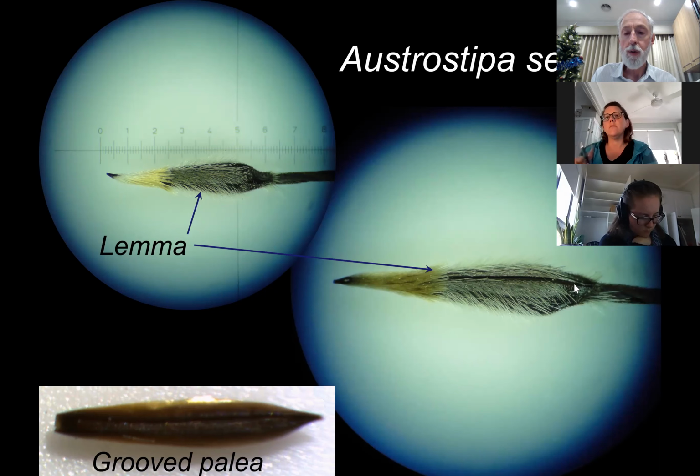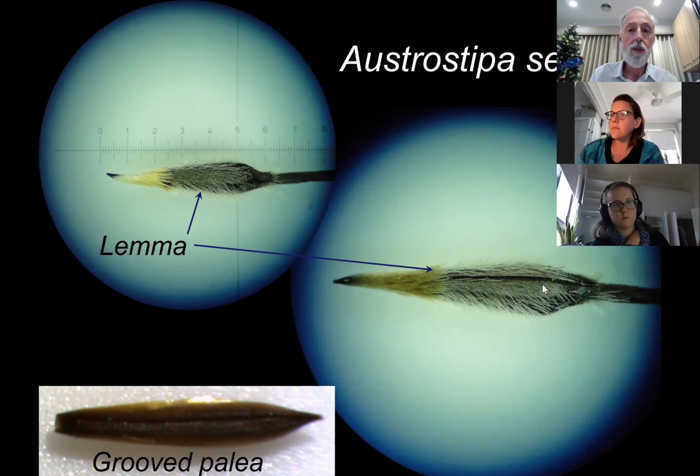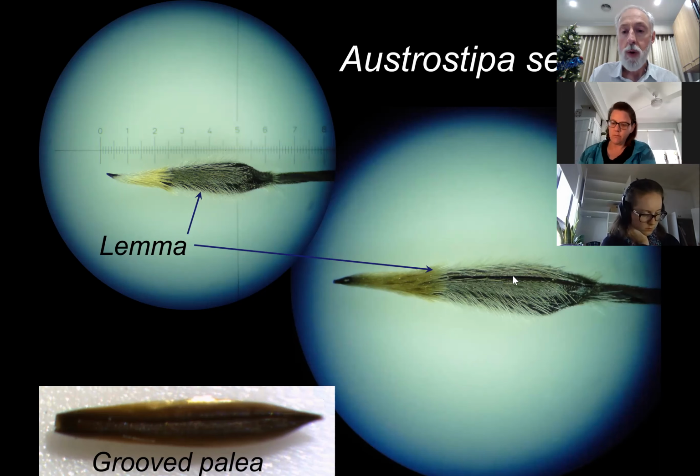Now the groove there is not the lemma. The lemma actually stops around there and there. And the groove is between the two edges, or margins, as a botanist would say, the margins of the lemma. And what we're seeing in that groove is actually the palea.